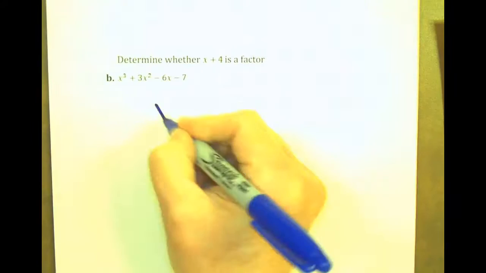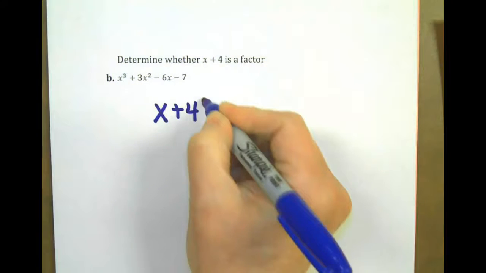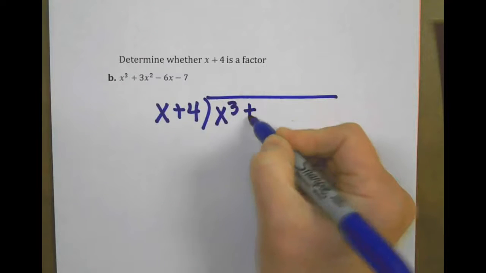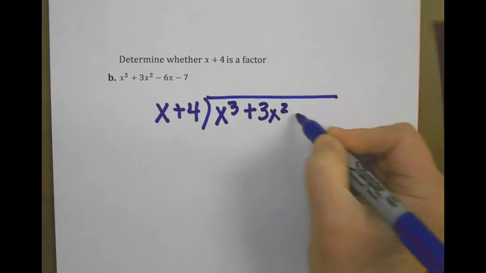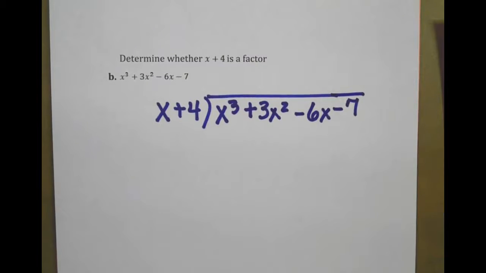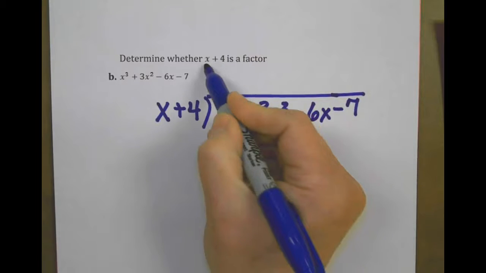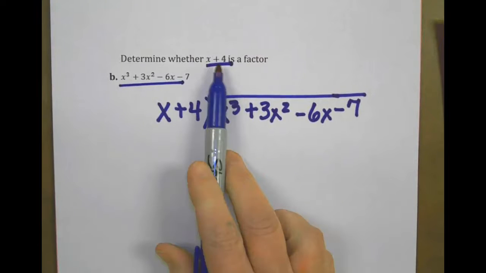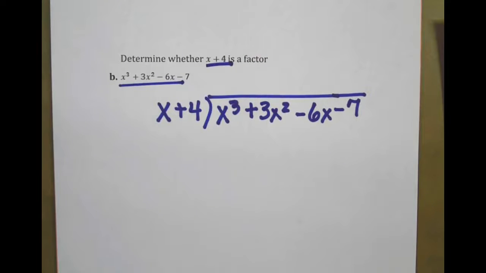So, I need to divide the x plus 4 into x to the third power plus 3x squared minus 6x minus 7. I'm dividing this into that, on your papers at the top of the page.